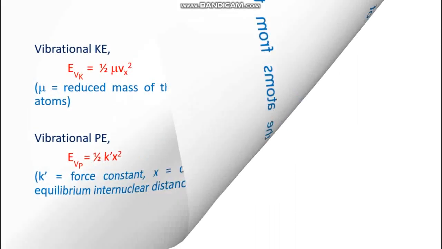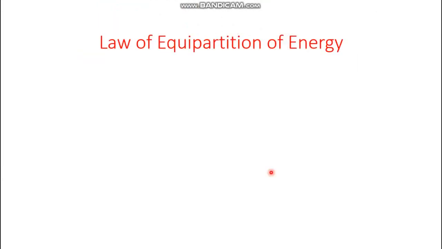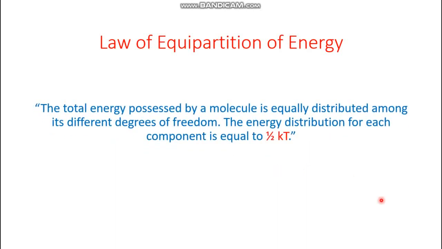Now, the law of equipartition of energy. What is this law? This law states that the total energy possessed by a molecule is equally distributed among its different degrees of freedom. The energy distribution for each component is equal to half kT. This is actually obtained from the relationship 3 by 2 kT equals half m c squared.